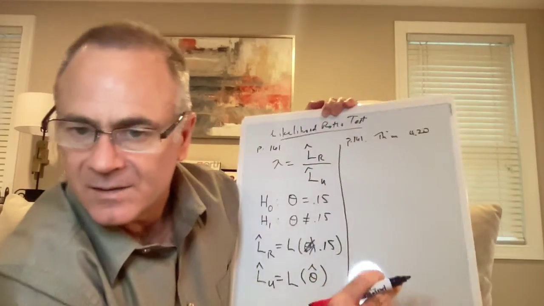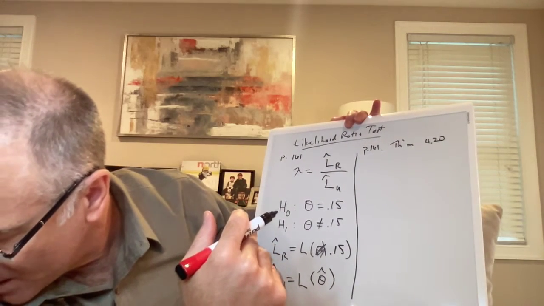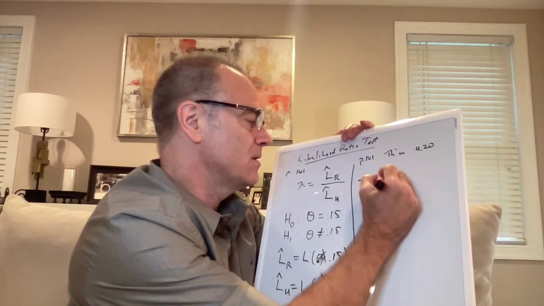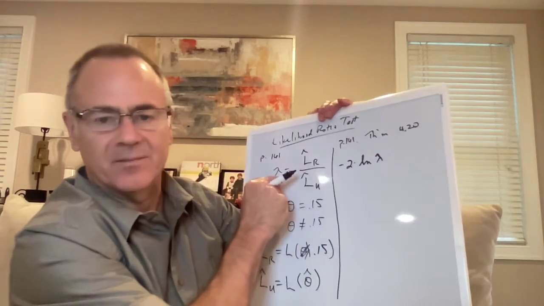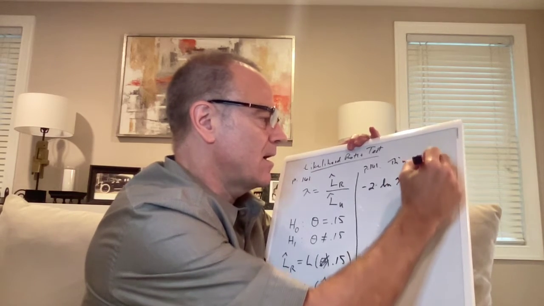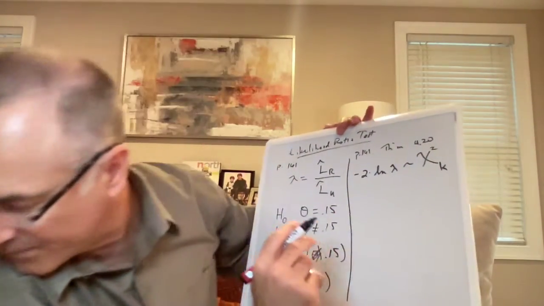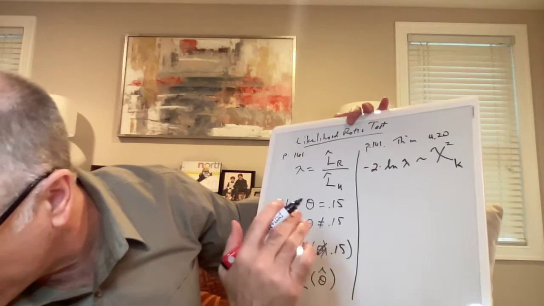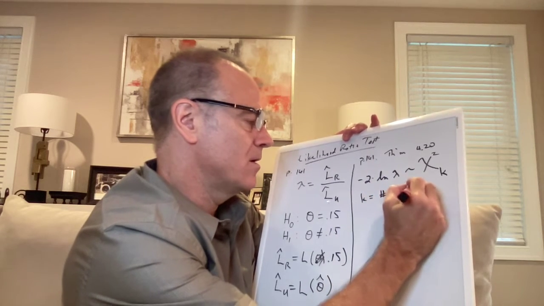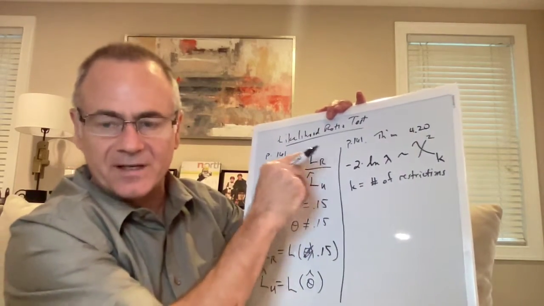That theorem says that some smart people have proven that negative 2 times the log of lambda is distributed chi-squared with k degrees of freedom, where k equals the number of restrictions built into that L sub R.